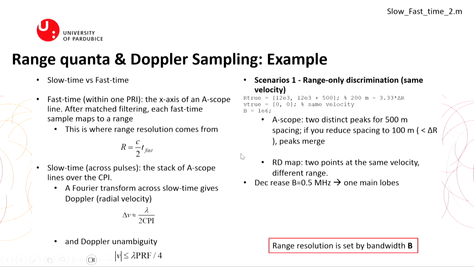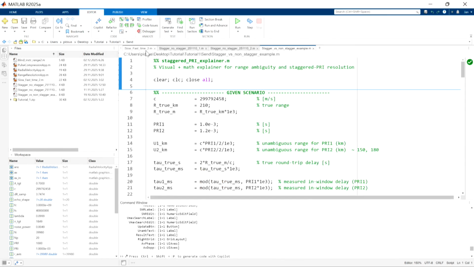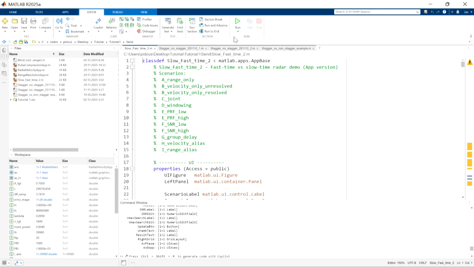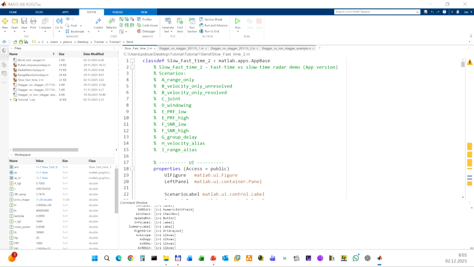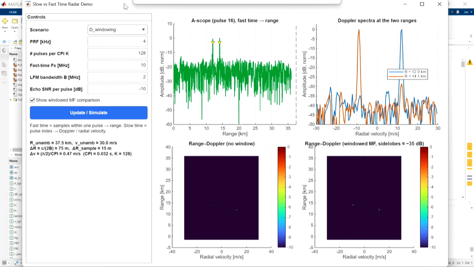And now please run this application. Give me a second. It always runs on my primary screen.